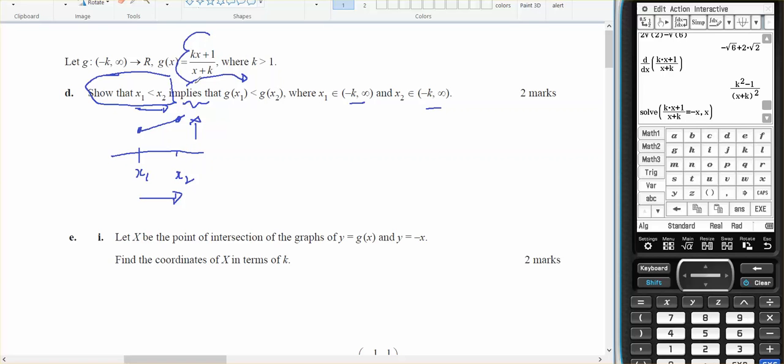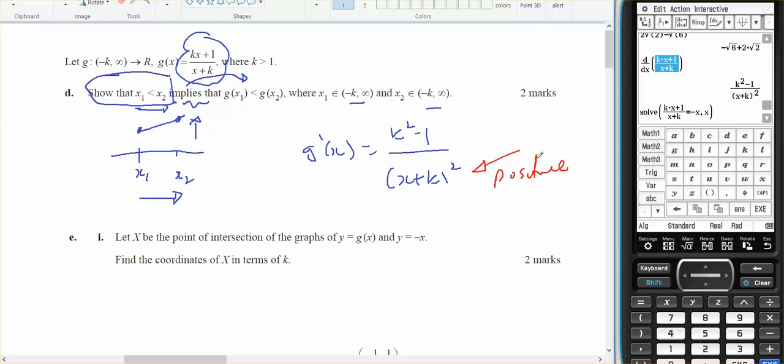So let's take the derivative of this. I've done that over here on the calculator. I've entered it, taken the derivative, and I got g dash of x equals k squared minus 1 over (x plus k) squared. Well, the denominator is positive because x goes from minus k to infinity, so x is always bigger than minus k and can't equal minus k, so that's always greater than 0.